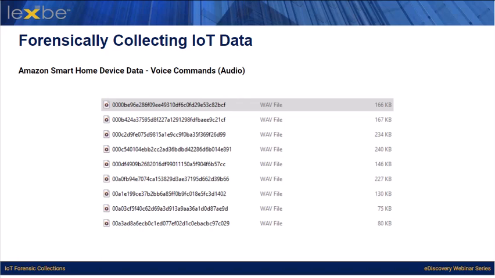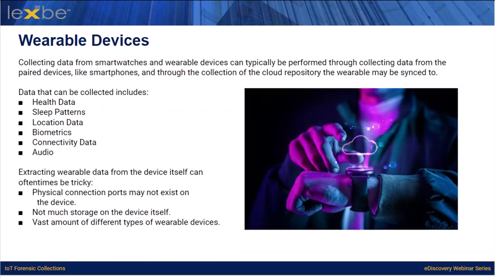Now, when it comes to wearable devices, collecting data from smartwatches and other wearable devices can typically be performed through collecting data from the paired device itself, like a smartphone, just like I mentioned earlier, and through the collection of cloud repositories the wearable may be synced to. Data that can be collected from these wearable devices includes health data, sleep patterns, location data, biometrics, connectivity data, and different audio.